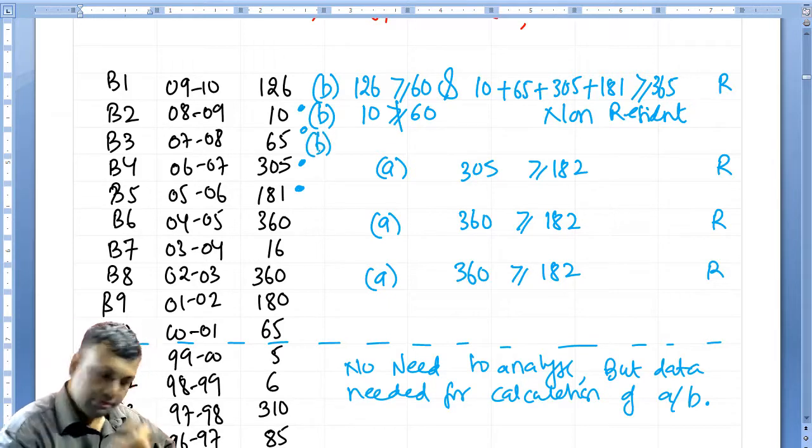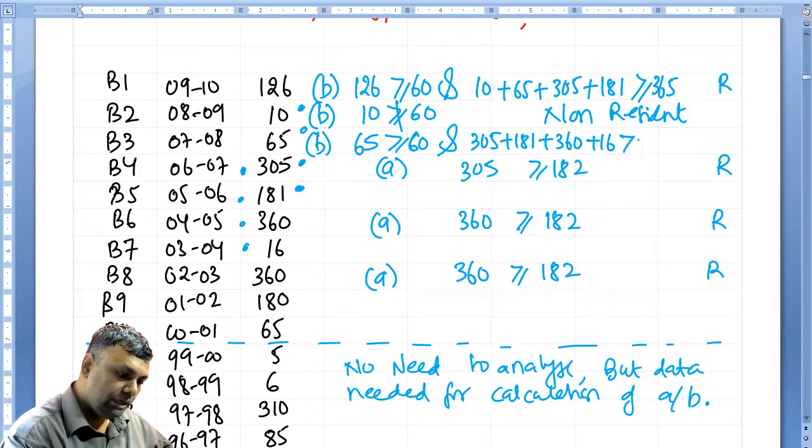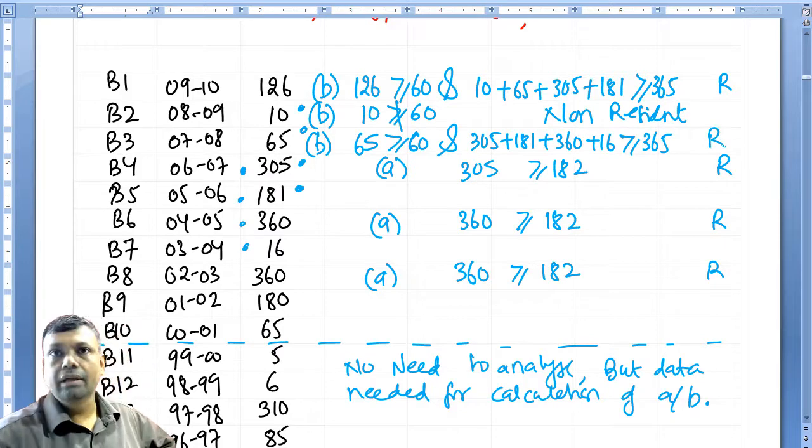Similar situation next: 65 should be greater than or equal to 60, and now the 4 years before is going to be these 4 years. 305 plus 181 plus 360 plus 16 should be greater than or equal to 365. The condition is satisfied and therefore you are resident.